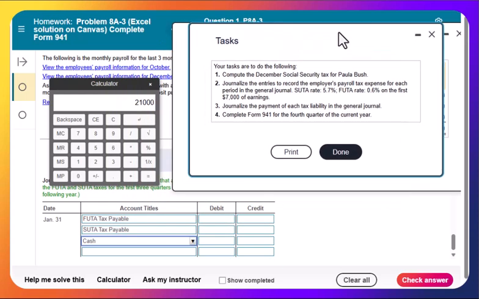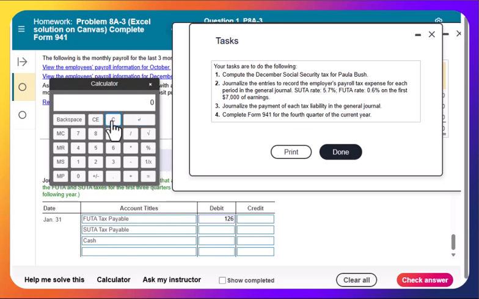For this, looks like we're doing our FUTA here first, so 0.6%. We'll go ahead and clear that out. 21,000 multiplied by 0.6, and then our percent key for $126 even, and we're going to debit that since we are paying it, which decreases that payable.